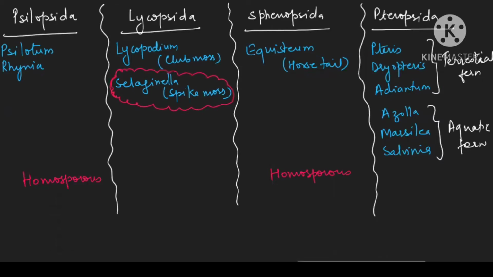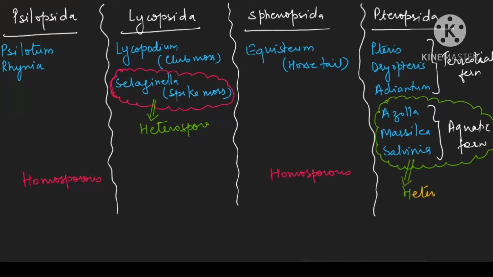This is the one which is heterosporous. Try to learn, only this is heterosporous. And even here, only these aquatic ferns are heterosporous. So you have to learn which is heterosporous and which is homosporous.